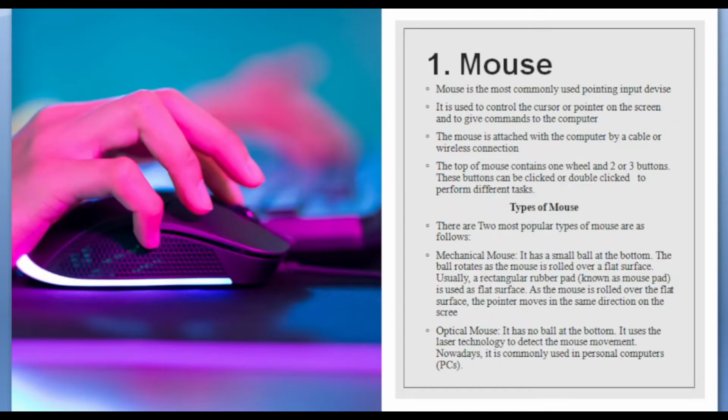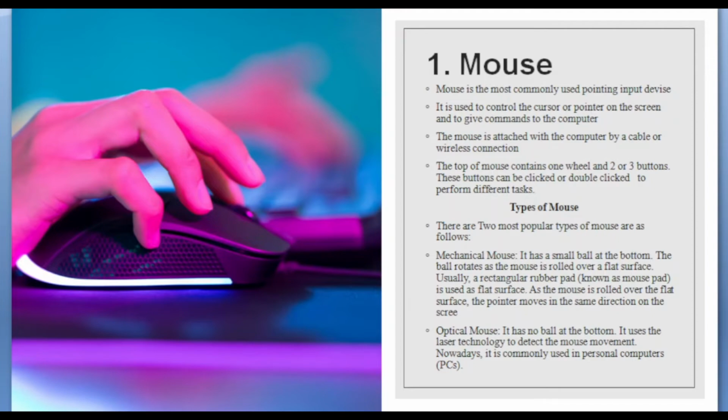Users move the mouse around on a desktop or mouse pad to control the cursor on the screen. Mouse can be classified into two types: mechanical mouse and optical mouse. Nowadays we all are using optical mouse. In mechanical mouse, one ball is placed just below the mouse pad.